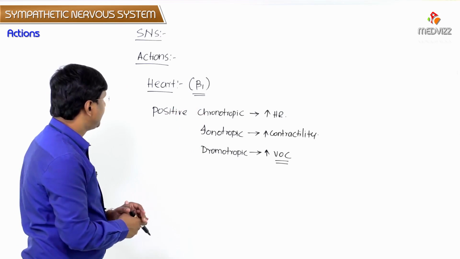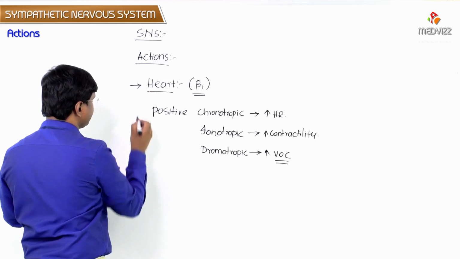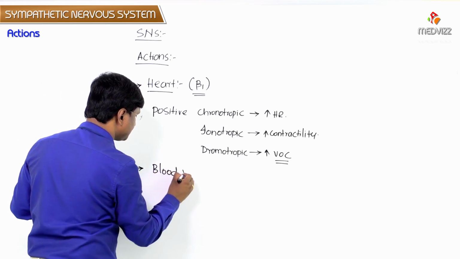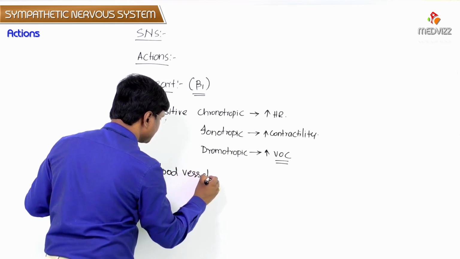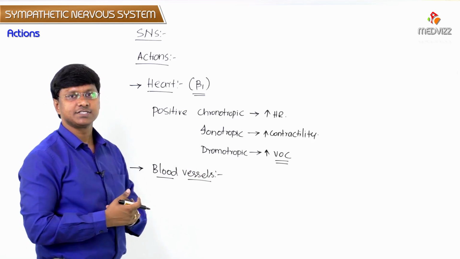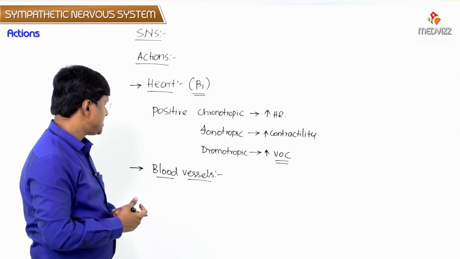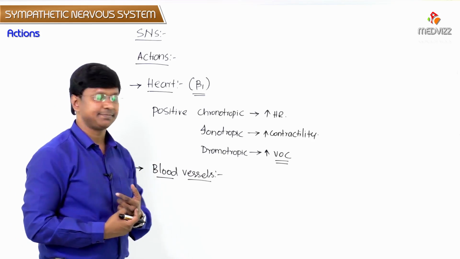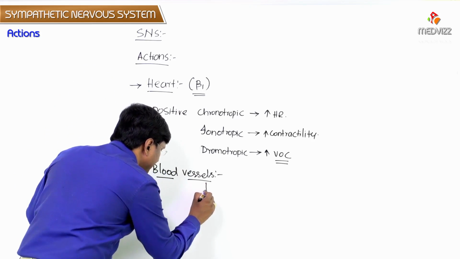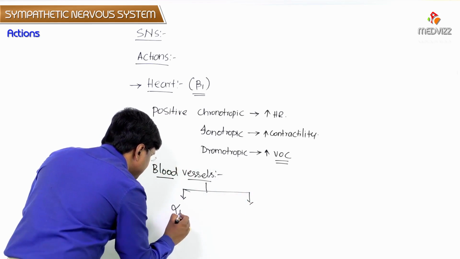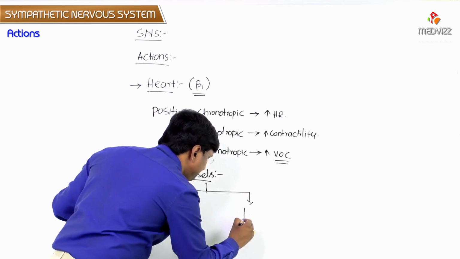Next, let me tell you the effect of the sympathetic nervous system on the blood vessels. Within the blood vessels, we have two important sympathetic receptors: alpha 1 receptors and beta 2 receptors.